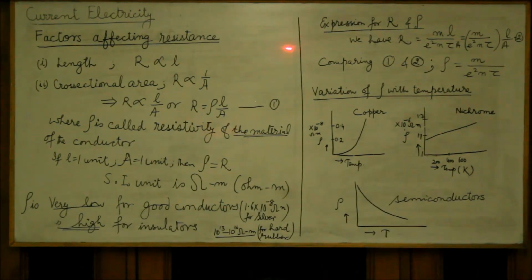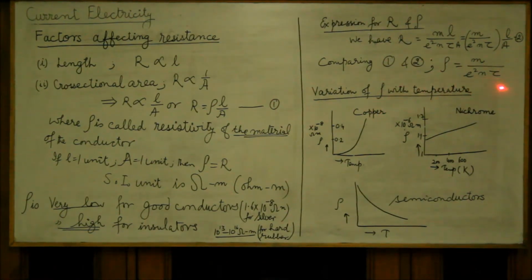Now let's obtain an expression for R and rho. When we derived Ohm's law, we obtained the value of R as m L over n e squared tau A. We already know the various terms. Just rearranging, we can write this relation as m over n e squared tau into L over A. Comparing equations 1 and 2, leaving L over A, you get the expression for resistivity as m over n e squared tau.